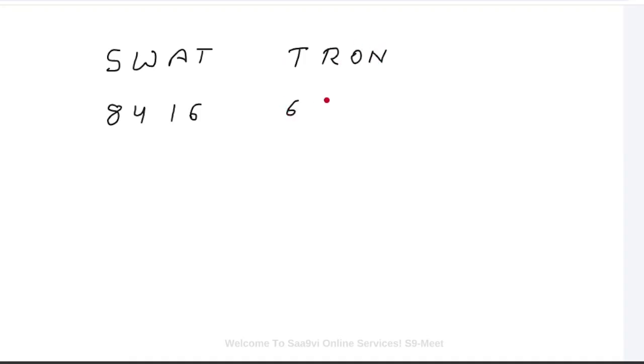The question number 15 says SWAT is written as 8, 4, 1, 6, and TRON is written as 6, 9, 2, 5. And you have to answer for what? Rule number 1 says: are the alphabets of the question available with me?